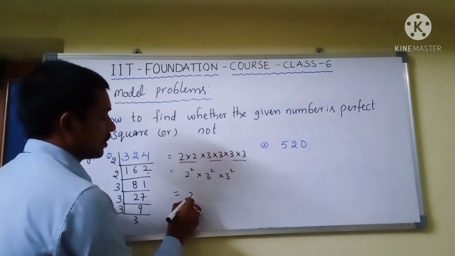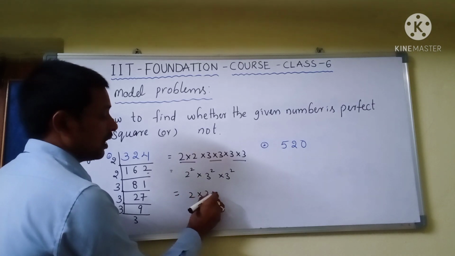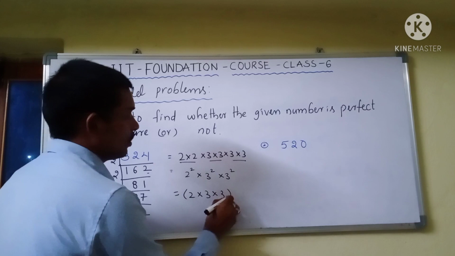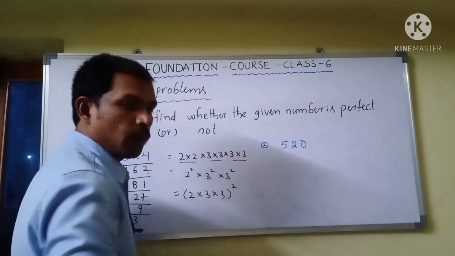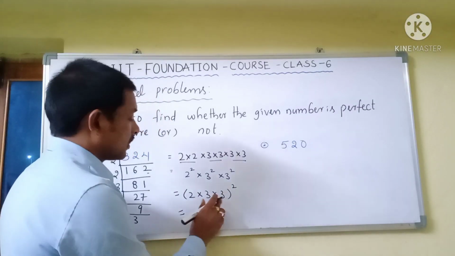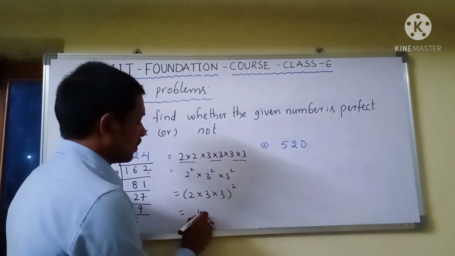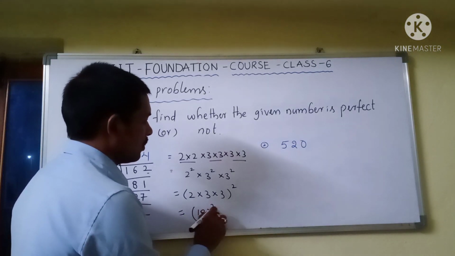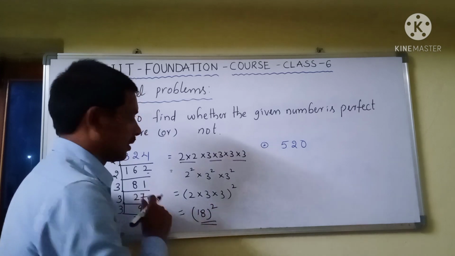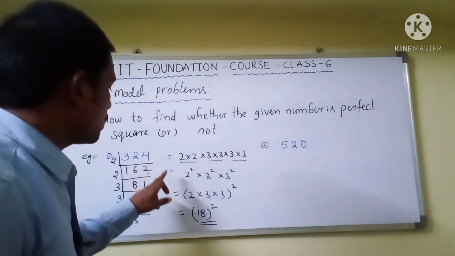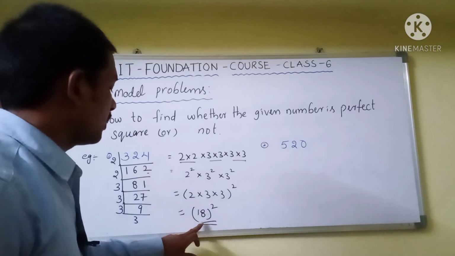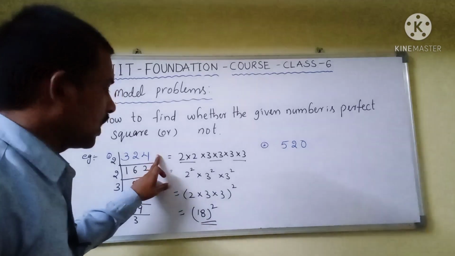Now you can write 2 into 3 into 3, the whole power 2. So 3 3s are 9, 9 2s are 18. So this is the value of 18 square. So if 324 is given, we got that this is a perfect square number.